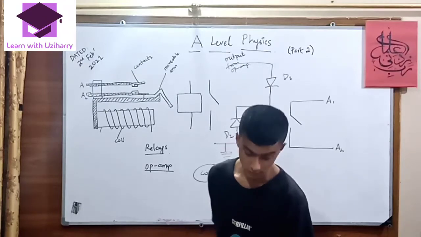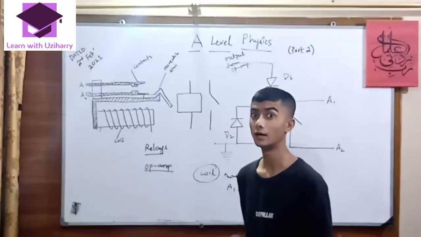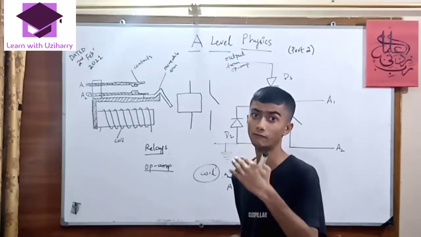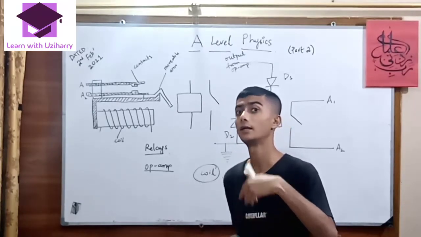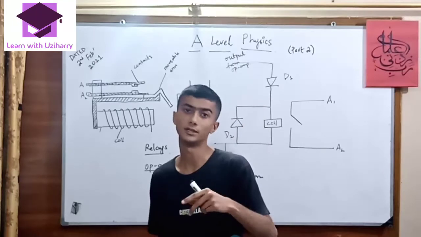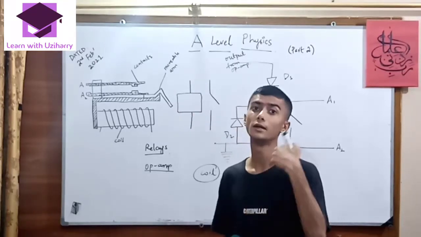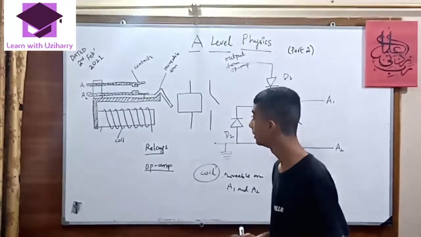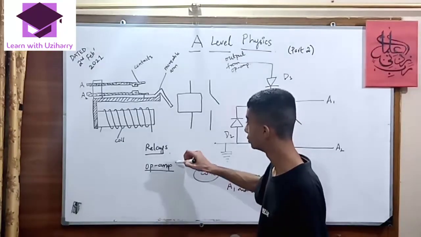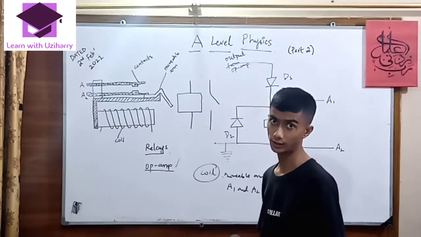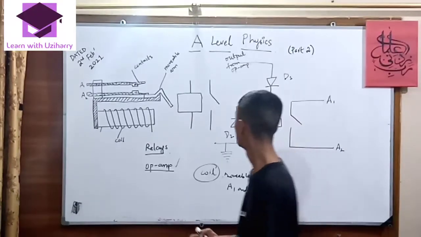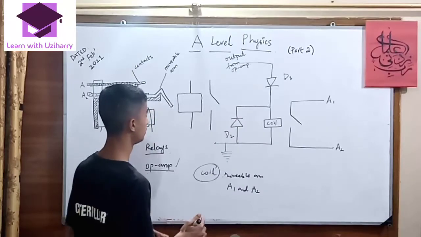But when the current is turned off, there would be a large fall in the current, or a large fall in the magnetic flux, so a greater EMF would be induced. When a greater EMF is induced, there is a very high chance of damaging the operational amplifier.